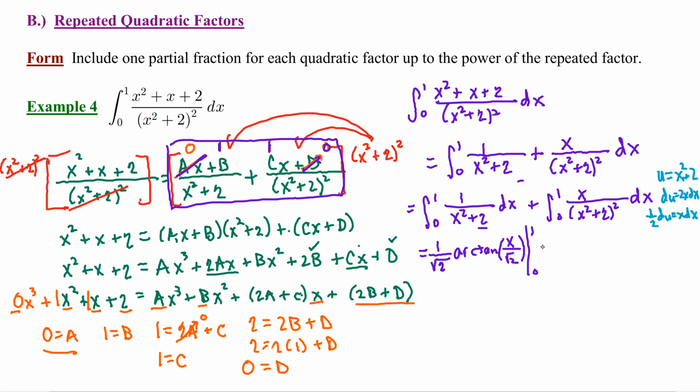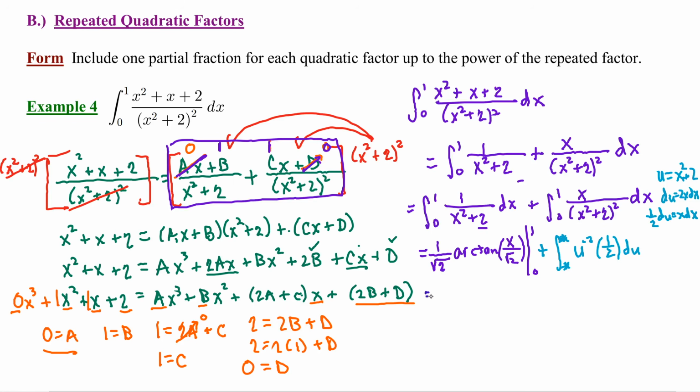So this becomes plus the integral of, now I'm changing variables. I'm going to put stars here so that I can go back and recover my original x. I don't want to plug 0 and 1 in for u. We can rewrite this as u to the negative 2, that's 1 over u squared, times 1/2 du.